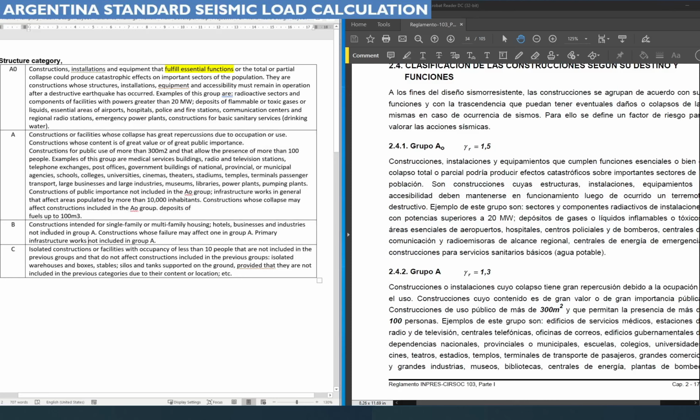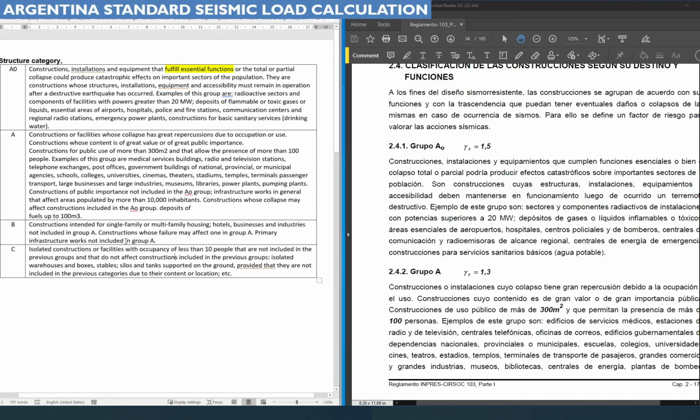For B, the construction category which is not covered under A or A0, it includes single-family or multi-family housing, hotels, and businesses and industries not included in group A. And finally, C is isolated constructions or facilities with occupancy of fewer than 10 people that are not included in the previous groups.